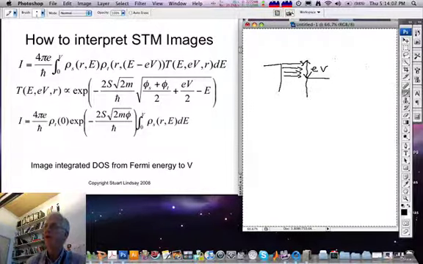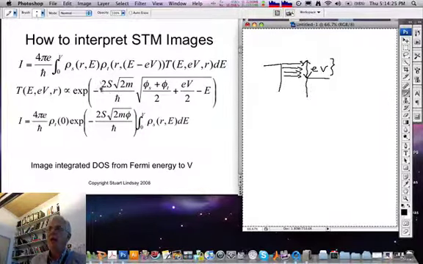And that's what this integral is. It's an integral over this range of energies here. It comes from the formulation of Fermi's golden rule in terms of density of states, as covered in chapter 2, and we multiply it by a transmission factor which has to do with the matrix elements.